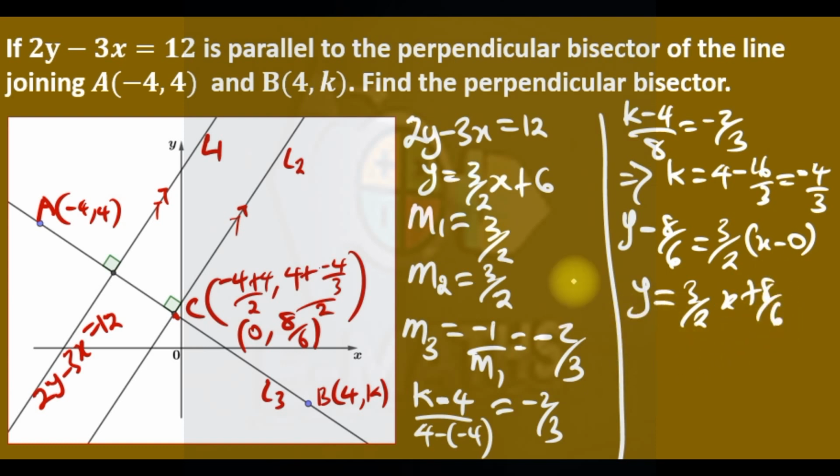Or let's leave it in the form they gave us, multiplying by the LCM of 1, 2, and 6, which is 6. We have 6y equals 9x plus 8. That's the equation of the perpendicular bisector of line AB. Thank you.